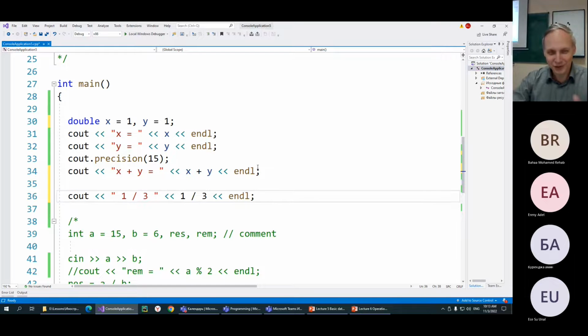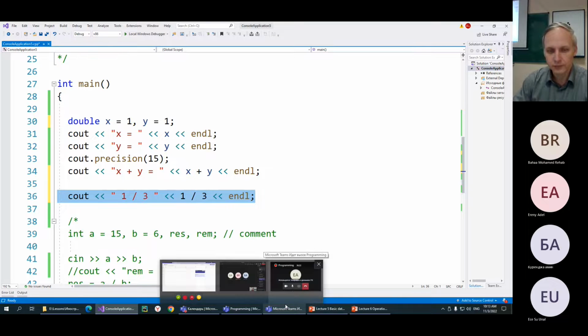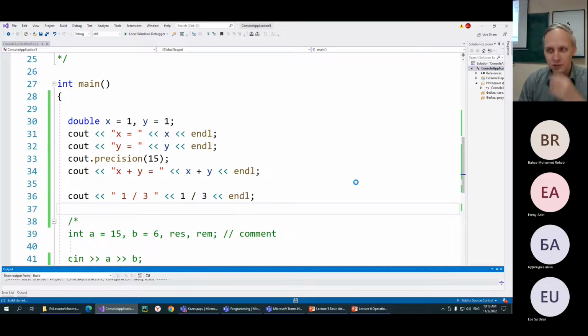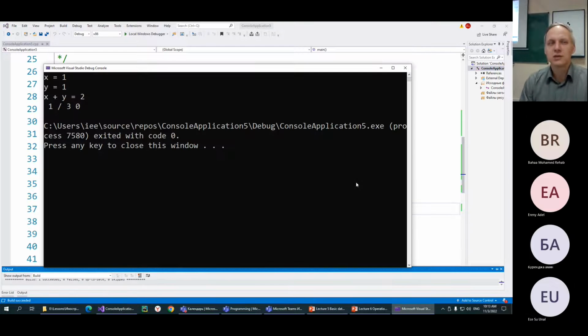I showed you this example in the previous lesson. What will we see on the screen in this line? 1/3. Do you remember? 0.3? No.